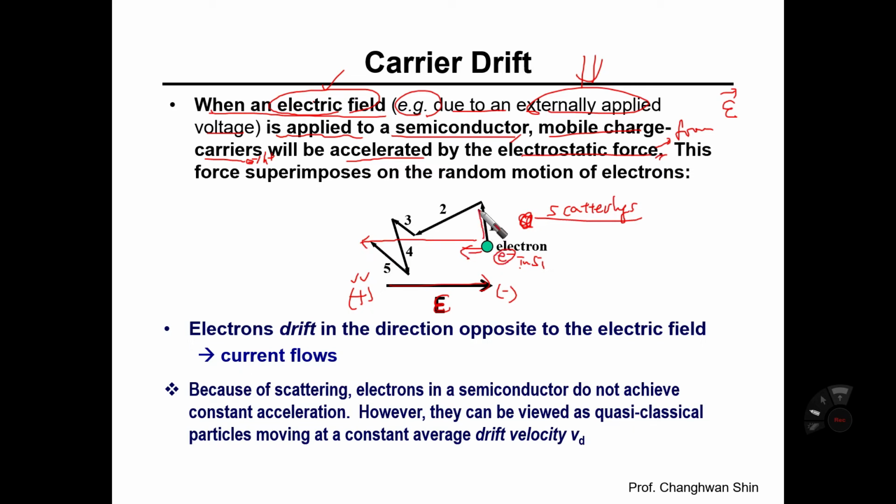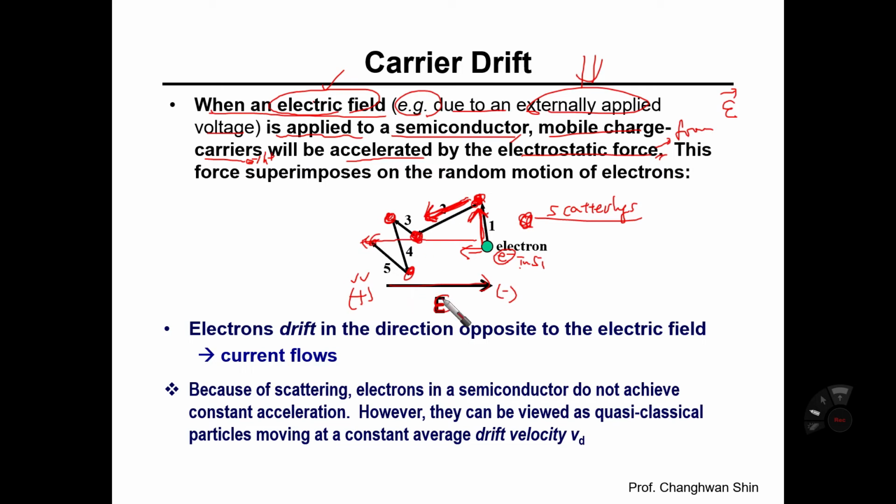Maybe it is first accelerated toward the upward direction. Afterwards, the very first scattering of any type happens, and it is now moving toward the plus electrode again. However, the direction has been totally changed from south to north, toward the 7 o'clock direction, and a second scattering happens, and a third scattering, fourth scattering, fifth scattering.